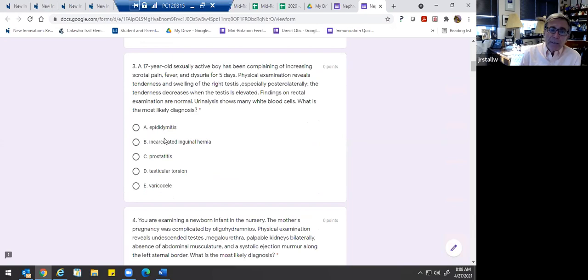17-year-old, sexually active, increasing scrotal pain, tenderness of the right testes, elevated, urine shows many white cells. What's the most likely diagnosis? Again, I think most of the people got that. He's got epididymitis. What other would you pick there with his fever, etc.? Because a lot of them don't have fever.